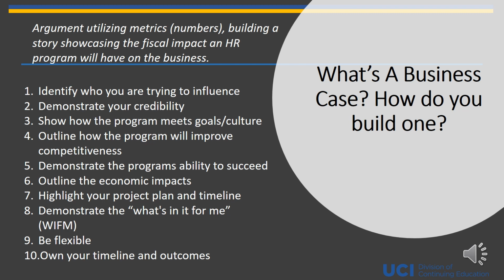It is going to be important that you can cite examples of how your program has helped other businesses, would help your business, what are best practices, what are other companies doing. You want to be able to demonstrate that whatever you're asking for is going to have business impact.